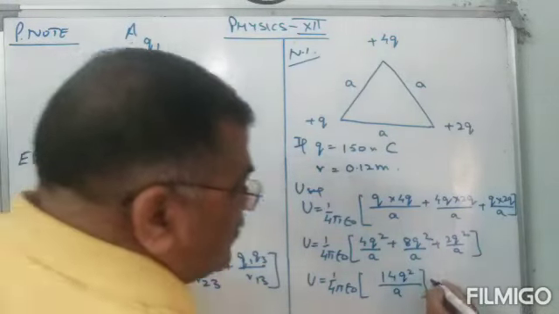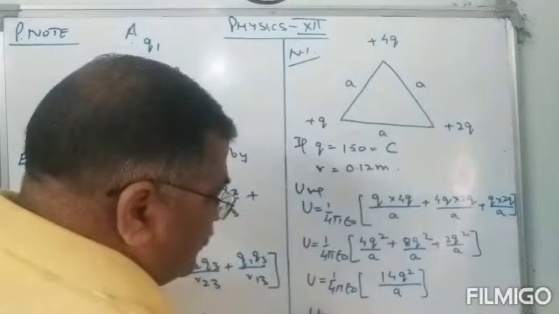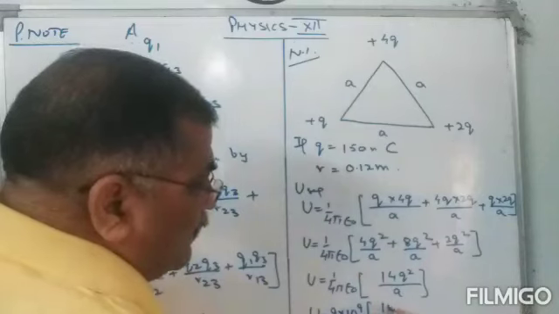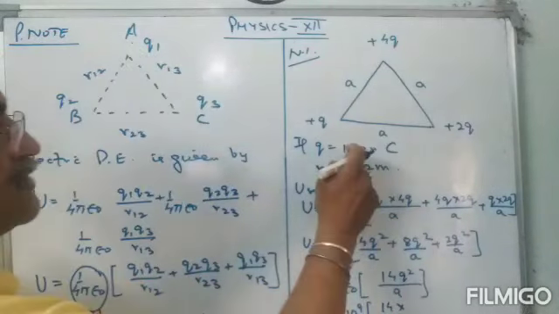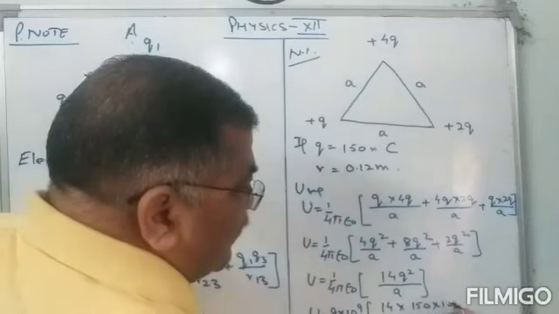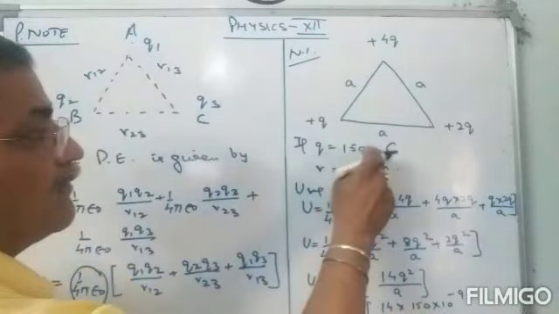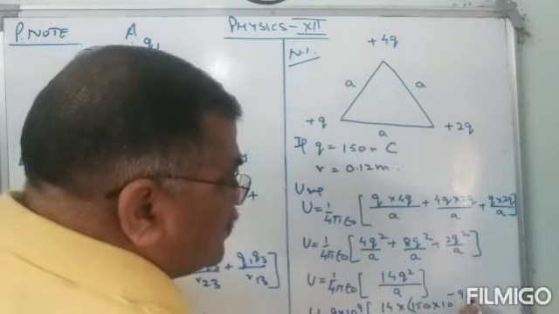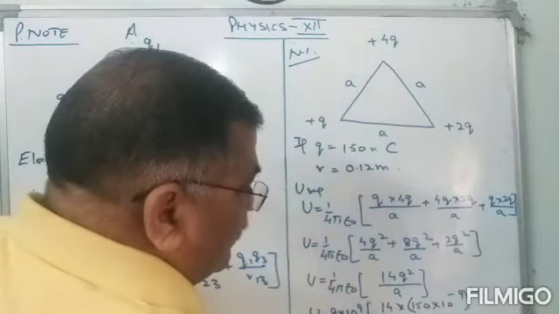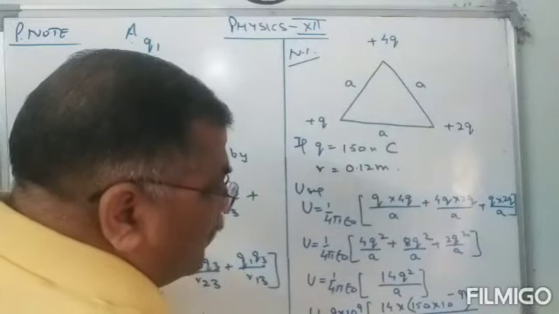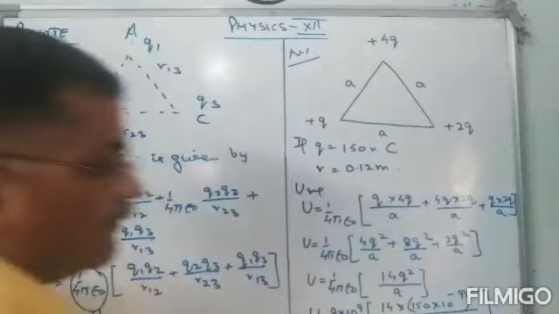Now I can put the values here. U is equal to 9 into 10 to the power 9, bracket 14 into the charge. Charge is 150 into 10 to the power minus 9, it's nanocoulomb, nano is 10 to the power minus 9, whole square, divide by A. What is A here? 0.12 meter. Right?